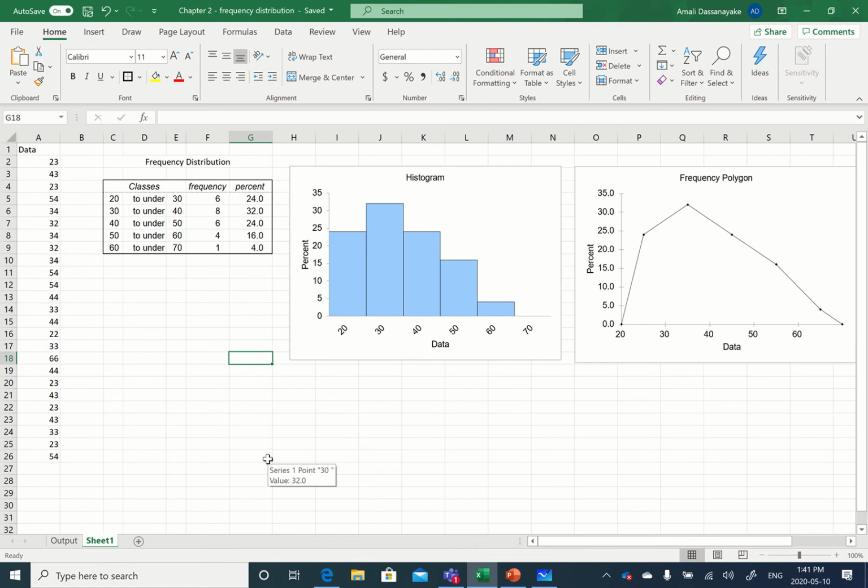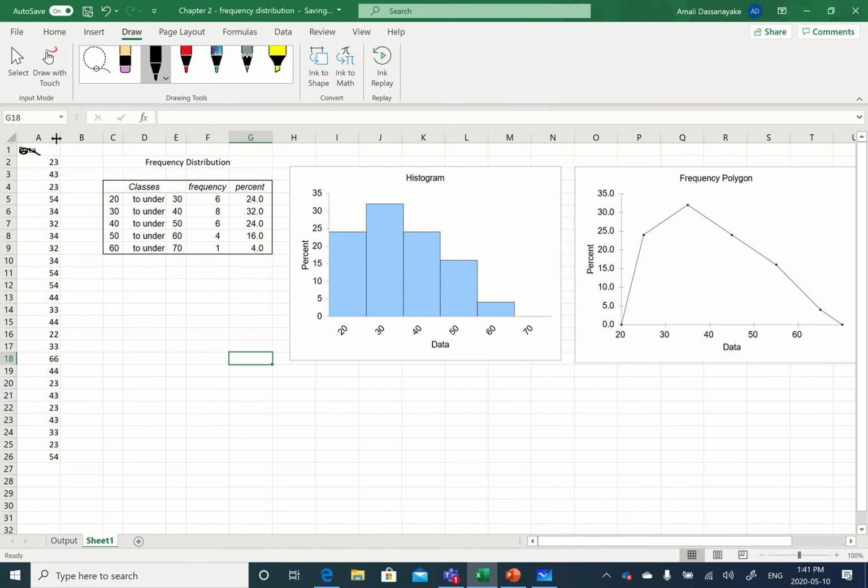As you can see here, this is your original data set. You have 25 data points, and what we do is we convert this data set into a table first.